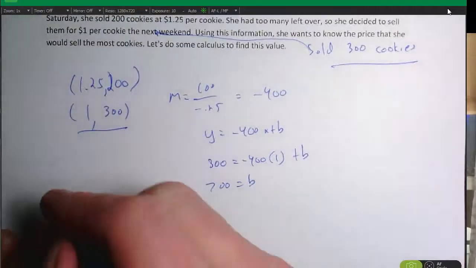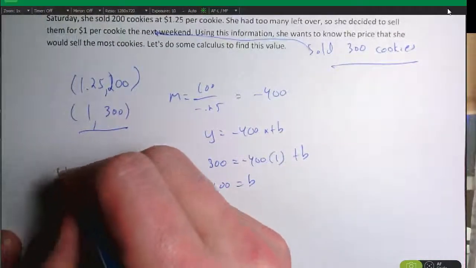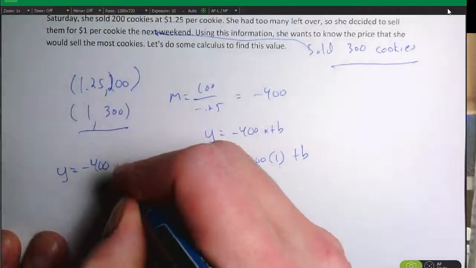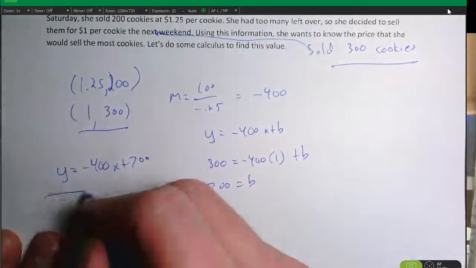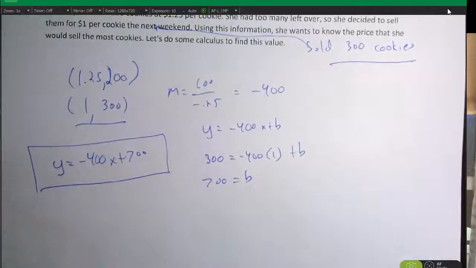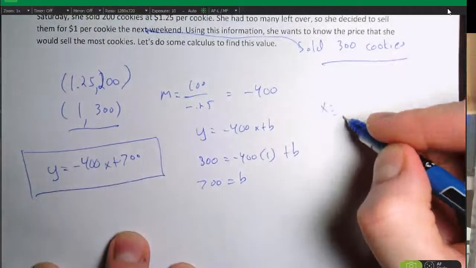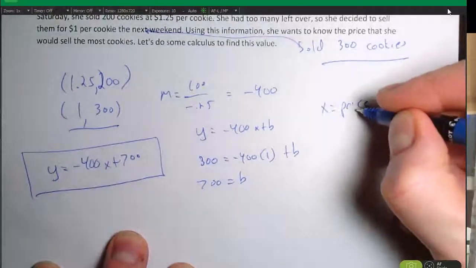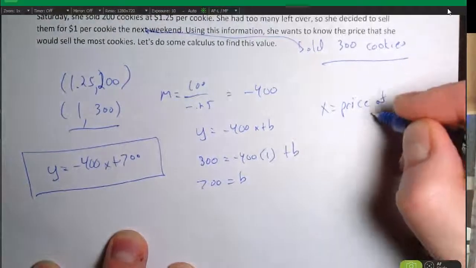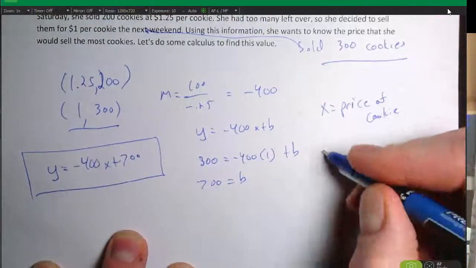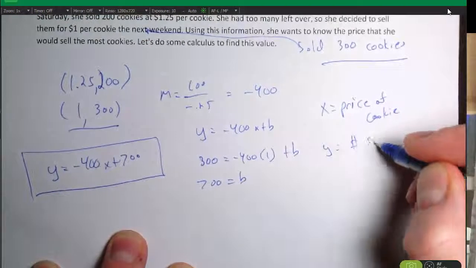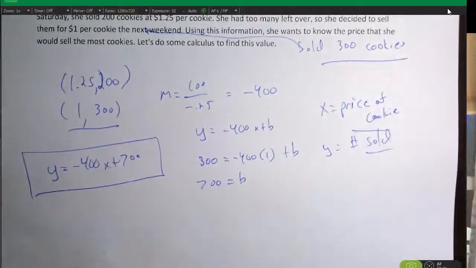So now our equation, y equals negative 400x plus 700, gives us an approximation for any price, because again, remember, x is the price of a cookie. Y equals number sold. If I pick a price point, how many can I expect to sell.